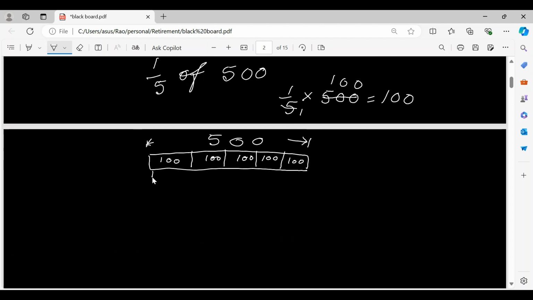It means these are two parts. The first part is 100 and the second part is also 100, meaning 200 rupees was spent by Neha.